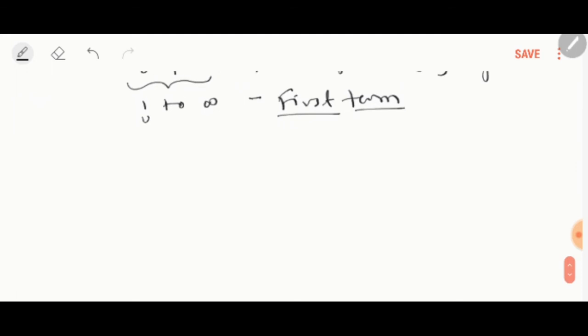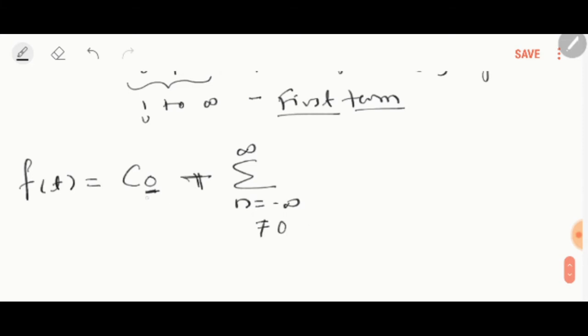Now generally we tend to write ft as a separate C0 plus the summation with n from minus infinity to plus infinity, but n equal to 0 we have put separately, so we write n is not equal to 0, because C0 is here, so Cn e to the power j 2 pi n f naught t.